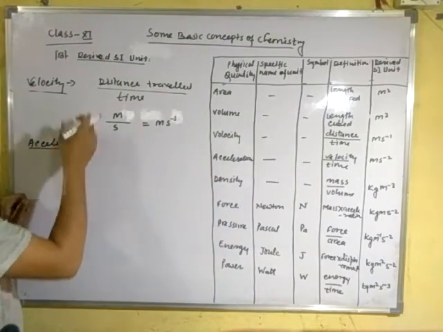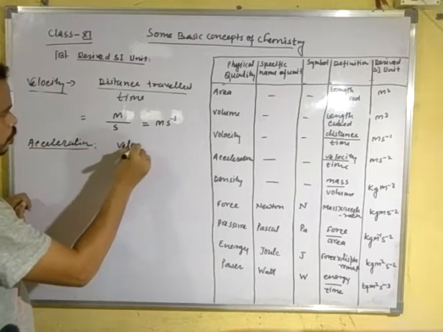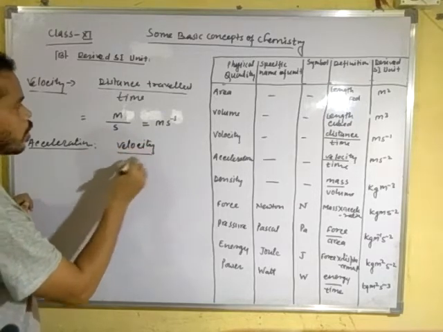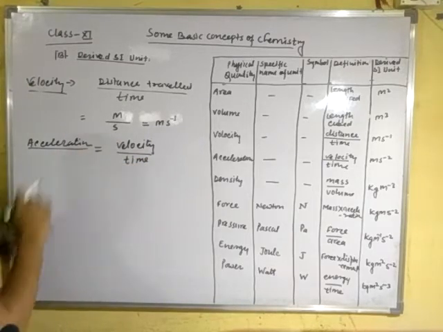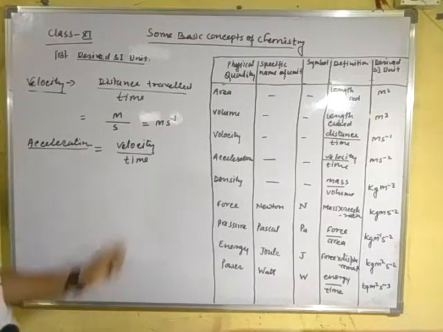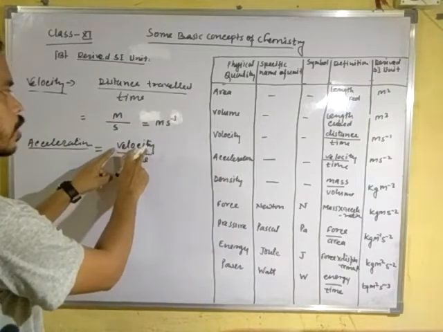That means the formula is acceleration equals velocity upon time, and we have already found the derived SI unit of velocity.